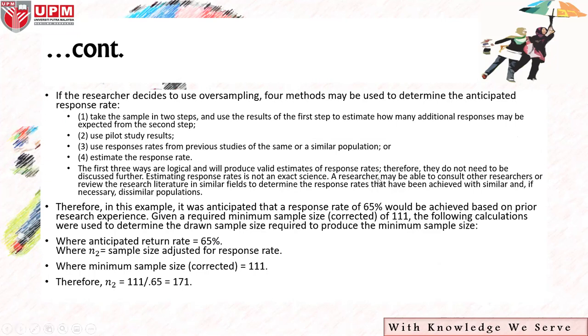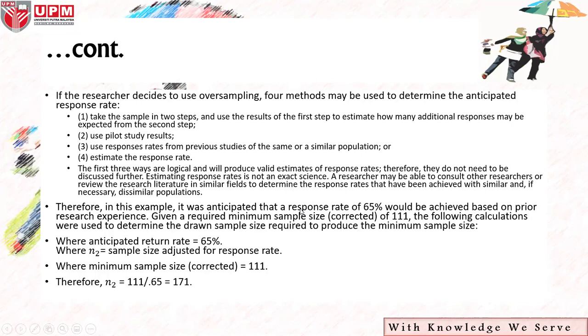Okay, but another consideration that you can make is by referring to past study. What is the anticipated response rate based on past study yang kita boleh gunakan untuk justify how many percentage or how much oversampling that we want to increase in our sample. For example, it was anticipated from past study that a response rate of 65% would be achieved based on prior research experience.